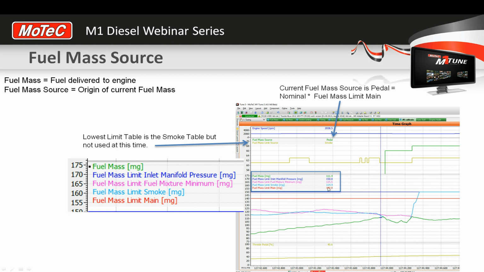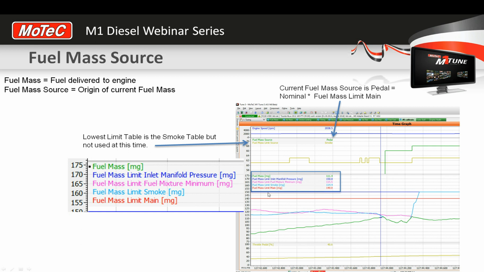And then you've got the fuel mass limit main, which is, no matter what happens, I'm never going to get any more than this. Alright, so the red line is, we'll never get any more fuel than that. So anything that's above the red line is never going to be in play. So that's the inlet manifold pressure. So the things that are in play are the pedal, which is our fuel mass unlimited, which isn't actually on here.